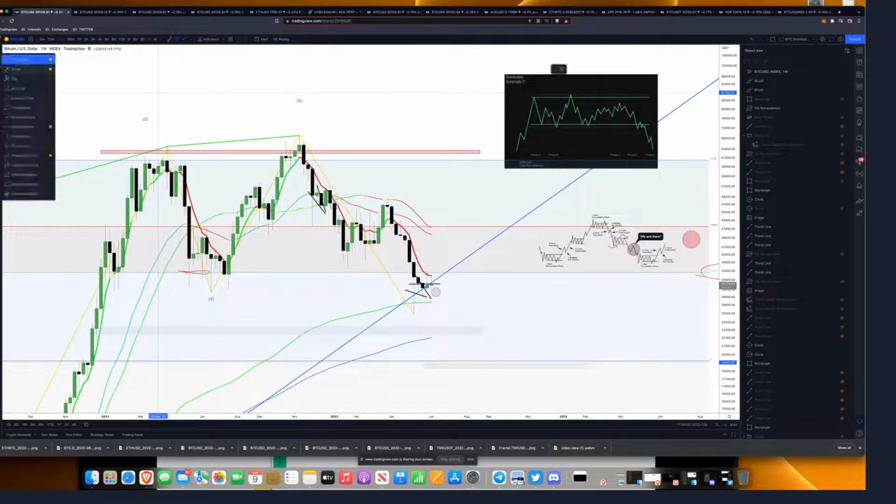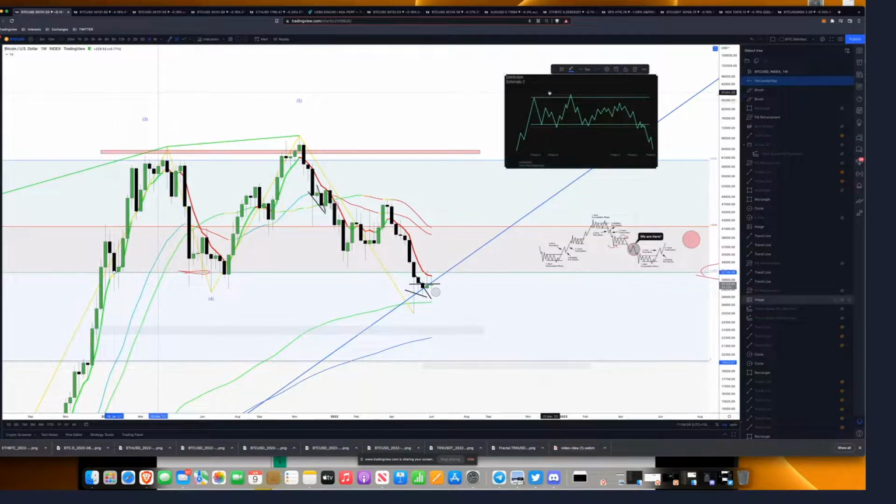So realistically, this is a weekly level, and I'll just make it darker and thicker. That is a weekly level, from the body of the candle. And the other level is slightly higher, which is at 1.72.